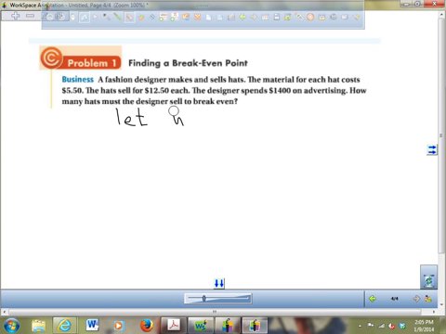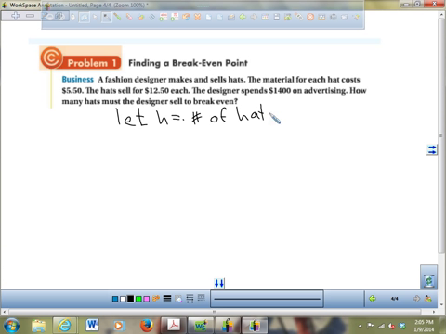Let h equal number of, that means number. Number of hats. Okay? Now I have two things going on here, and I'm going to kind of tell you what we have here. If h is the number of hats, you have two equations. You have one equation that involves the I and E. E is your expense.